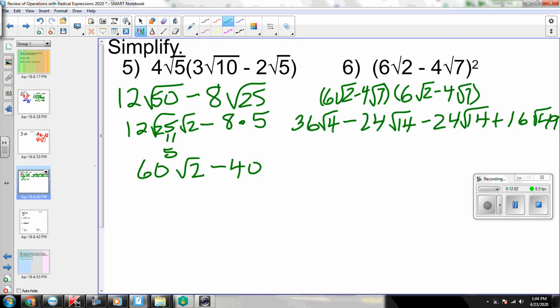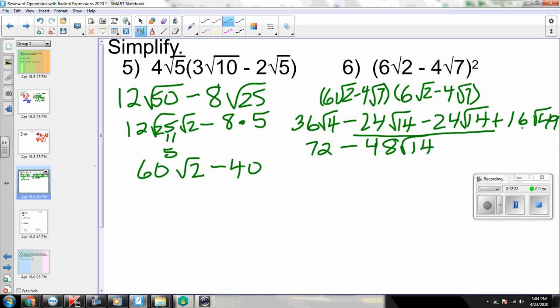Okay, now I need to simplify. So I know the square root of 4 is 2, so this is 36 times 2, which is 72. In the middle, the outside and inside terms here are like terms because they have like radicands. They're both square root of 14. So I can combine the negative 24 and negative 24 to get negative 48 radical 14.